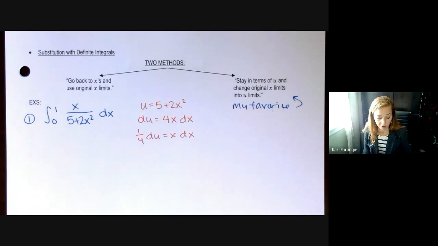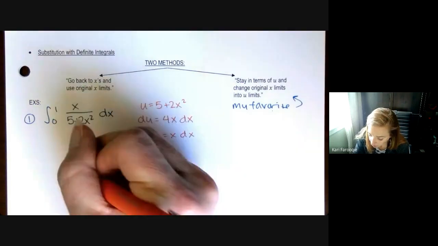Okay, so I'm going to first show you the method of back substituting using the original limit. So when I do that, I'm going to keep the original x limits on the integral. So I'm going to rewrite everything else in terms of u. And I try to be very particular here about making sure I label limits of integration so that it's very clear that they are corresponding to the variable x.